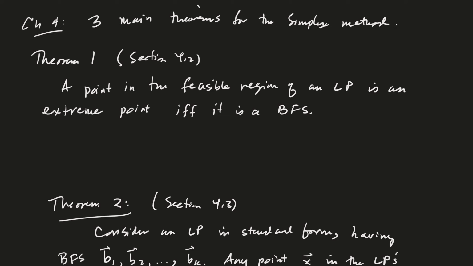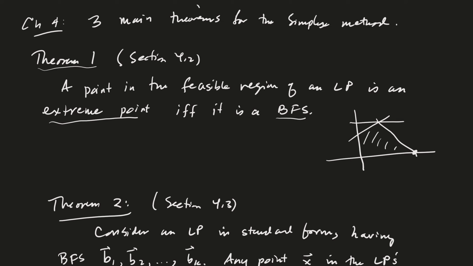Okay, so Theorem 1 is really a basic one. It says that a point in the feasible region is an extreme point if and only if it is a basic feasible solution. So in 2 dimensions, we were looking at sets like this for our feasible set, and so these right here are the corner points, or extreme points, and it turns out that these extreme points are also BFS.